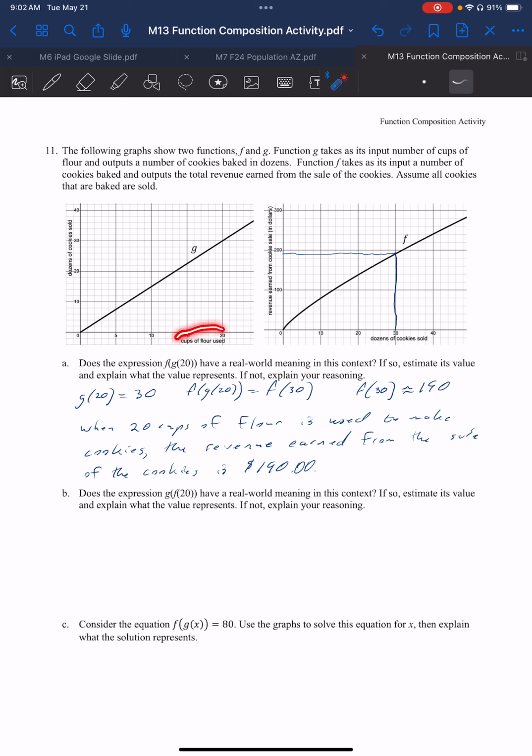Do I need dollars for the input of the g function? No, the input of the g function is cups of flour used. So no, this does not make sense.